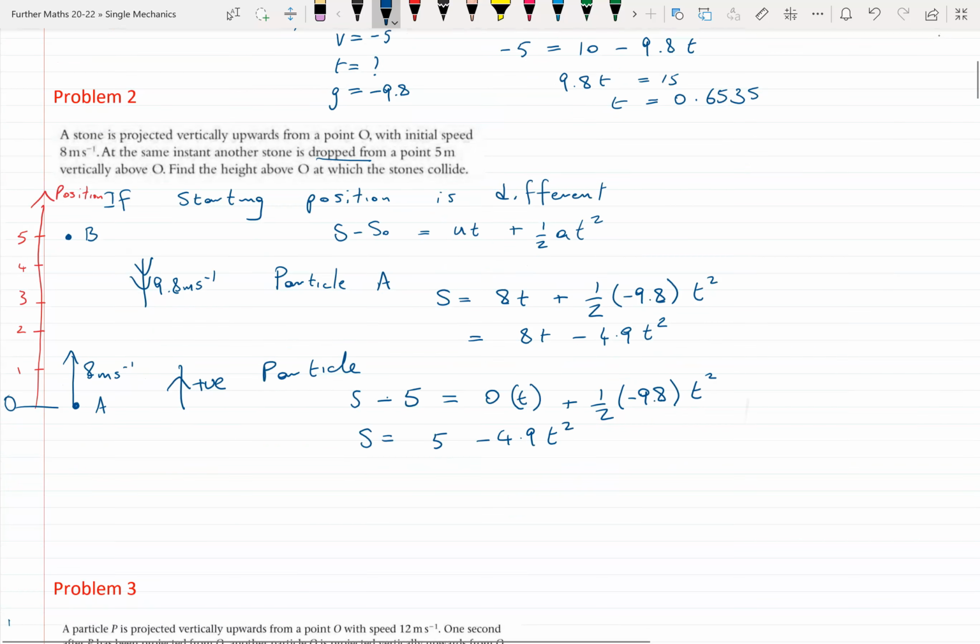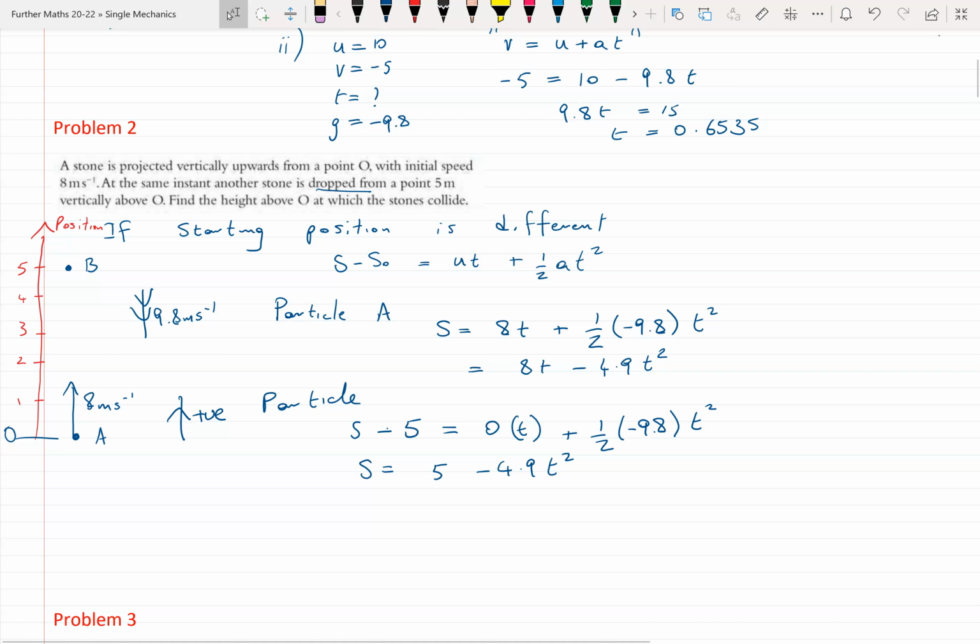So then we can equate these two, because the beauty of setting it up like this is that S basically refers to where the particle is along this number line. So we can compare the two, and say that 8t minus 4.9 t squared is equal to 5 minus 4.9 t squared.